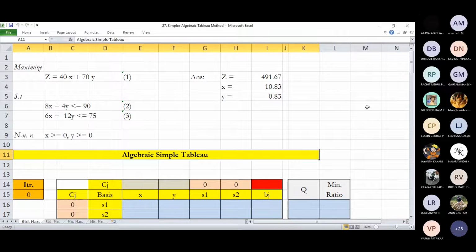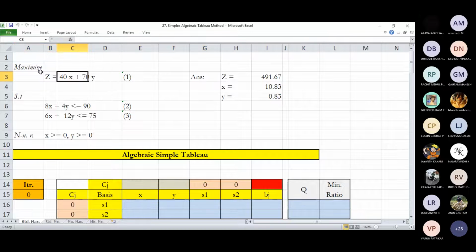This is the problem which we asked in CAT 1. So let's solve that. Probably you can understand much more. The objective function, which is to maximize, is z equals 40x plus 70y, subject to constraints 8x plus 4y less than or equal to 90, and 6x plus 12y less than or equal to 75.